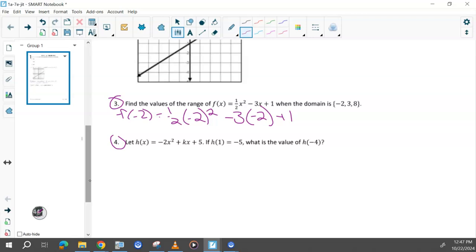So this would become a positive 4 times 1/2. This would become a positive 6 plus 1. So this would become 2, and this is 7. So 9.